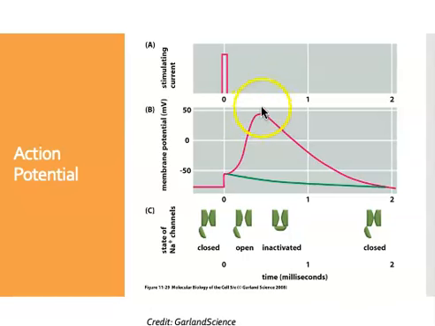Now this peak voltage up here is a critical one, because not only do the sodium channels close and inactivate here, but the potassium channels open. Remember, potassium is going to flow out of the cell, and it's going to take its positive charge with it. So now the membrane potential is going to start to go down, more negative, less positive across time.